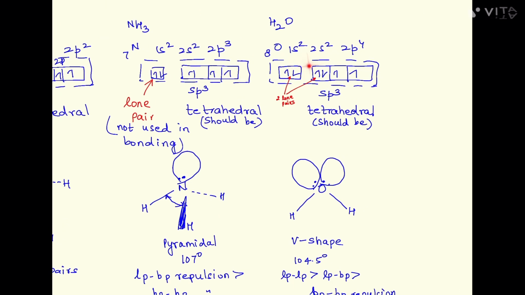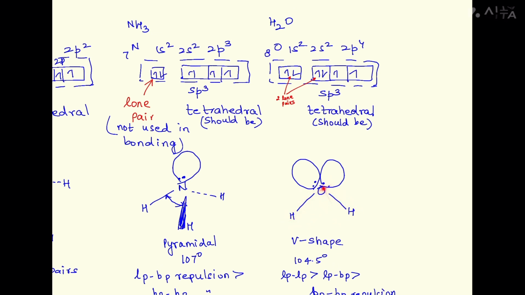In the case of water, due to two lone pairs of electrons, there is further repulsion. This lone pair of electrons is not just fighting with the bond pairs, it is also fighting with the second lone pair. So they are battling with each other for the attention of the nucleus, with the result that lone pair repulsion is the strongest compared to lone pair bond pair and bond pair repulsion.